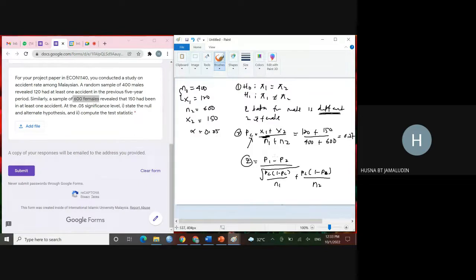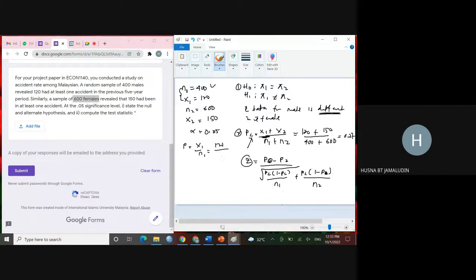Then how to compute P1, the proportion 1? Remember what is the formula of P? P is X over N. Because we are looking at the first proportion, find x1 over n1. What is x1? 120 over, where is n1?